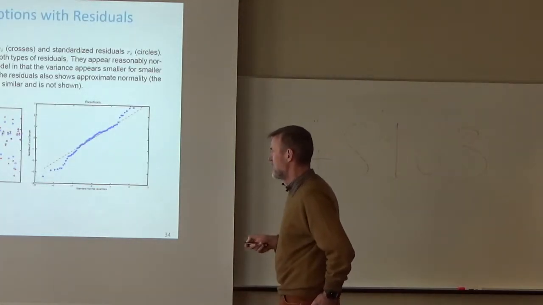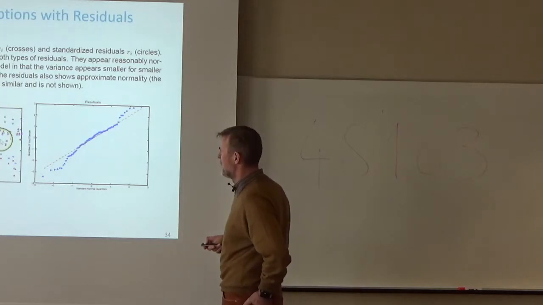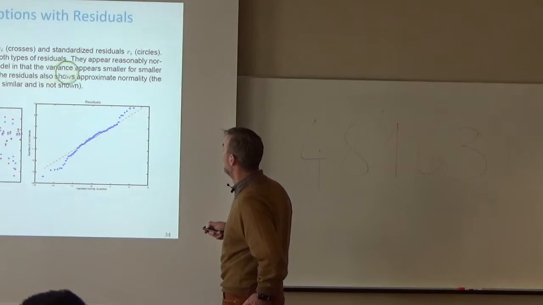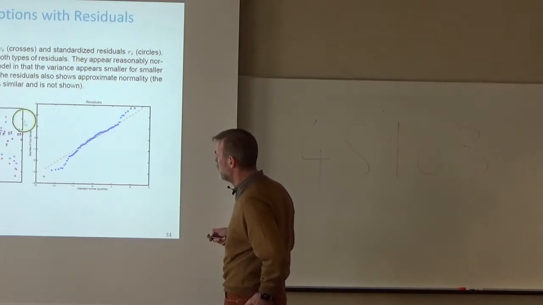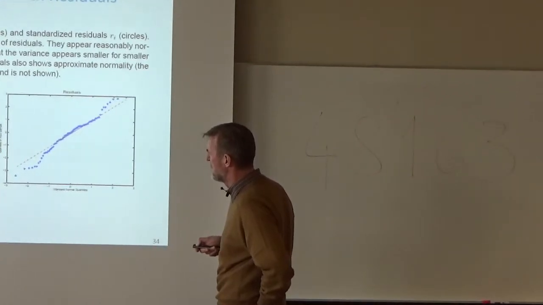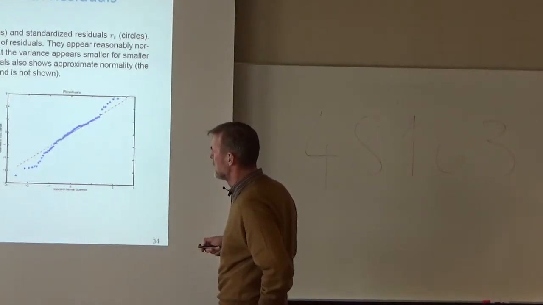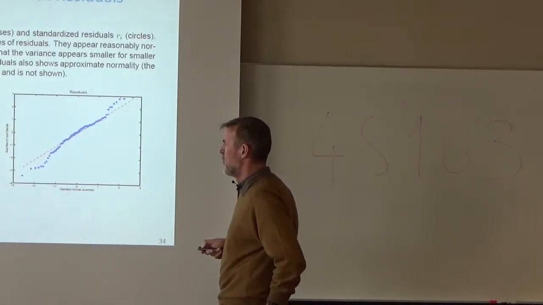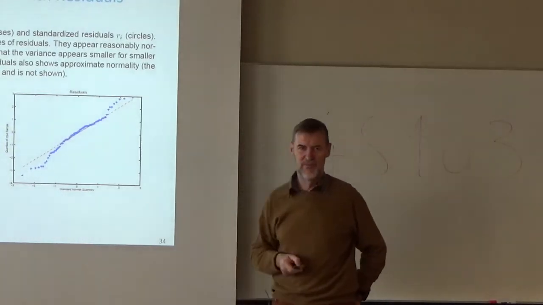Here I plotted the residuals and the standardized residuals. The standardized residuals are the blue ones. We see that they're a bit smaller than the residuals. Is it a valid model? Well, we could make one criticism.